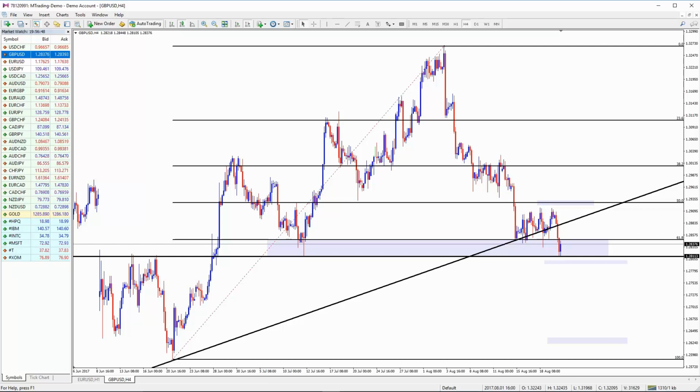Even with a 50% hit rate and a 2-to-1 risk to reward, where you achieve double the amount that you risk, you are likely to be profitable at the end. So that is the key point there.